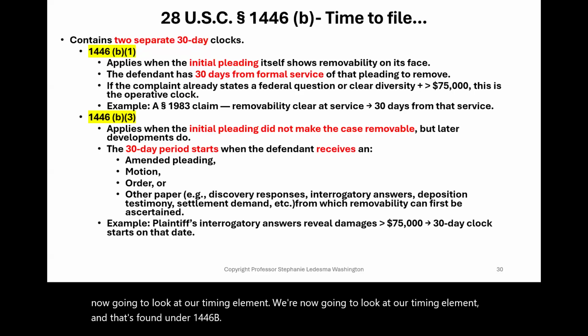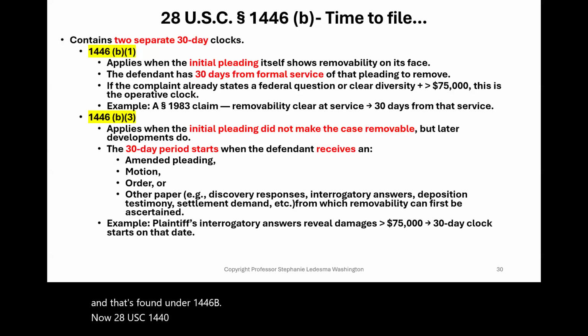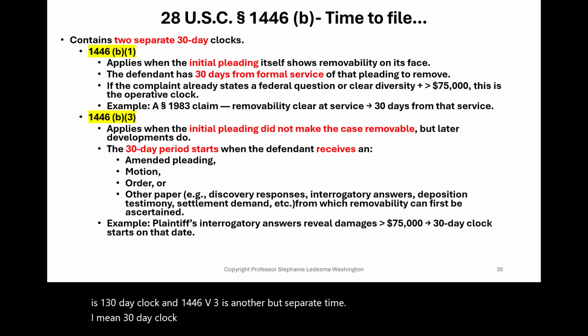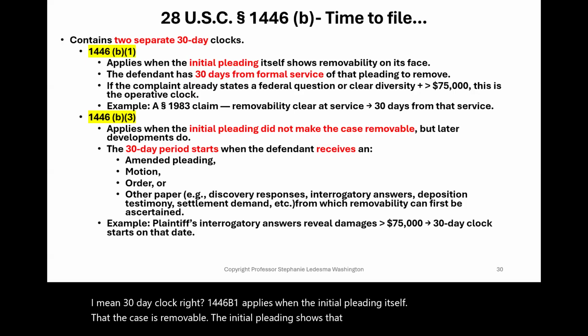Now, 28 USC 1446(b) contains two timing elements. These are two separate 30-day clocks. 1446(b)(1) is one 30-day clock, and 1446(b)(3) is another, separate 30-day clock, right? 1446(b)(1) applies when the initial pleading itself shows that the case is removable.